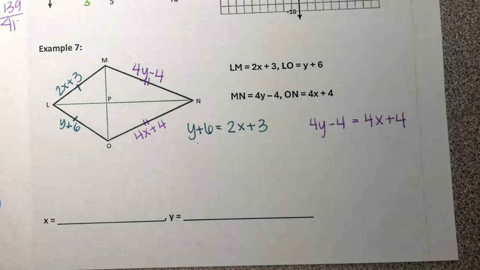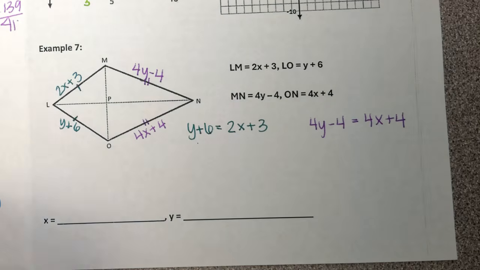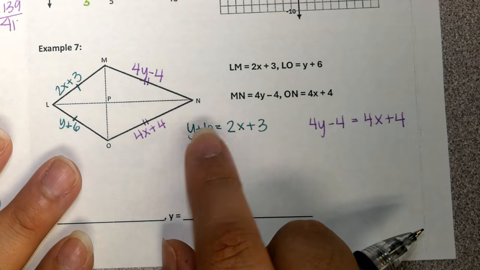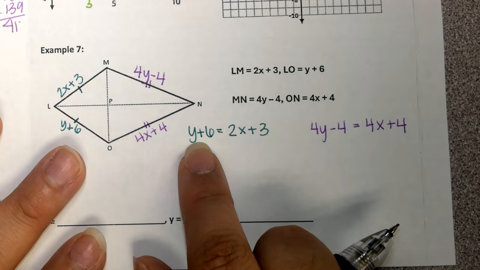What I want, by the way, this will only be a bonus on your test. Okay? But what I want you to do here is look at your letters, x's and y's. Which one would be easiest to get by itself? Right here. You might think in the purple, I think this one. Either way. How do I get y by itself right here?